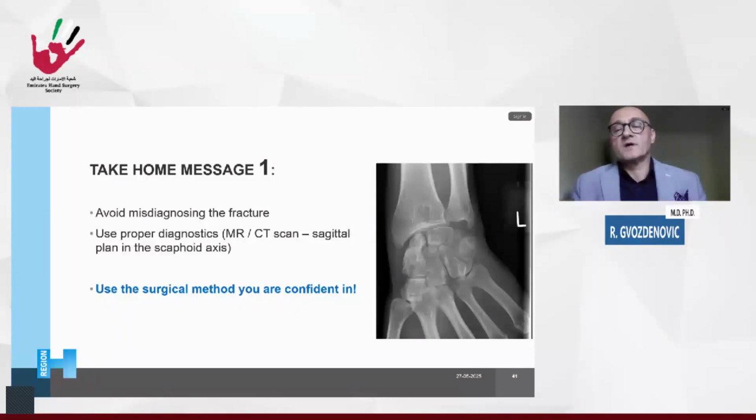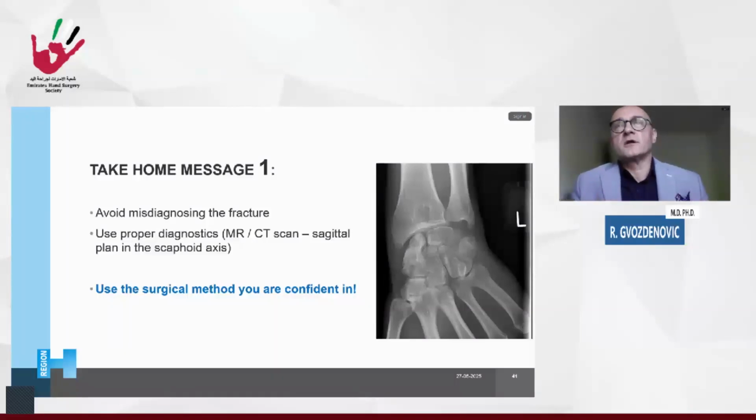But when you have to assess the fracture to see if there is angulation or cystic deformation or anything, then the CT scan is a better tool than MRI. And always use the sagittal plane in the scaphoid axis, as Morten also emphasized in his presentation. And please use the surgical method you're confident in.